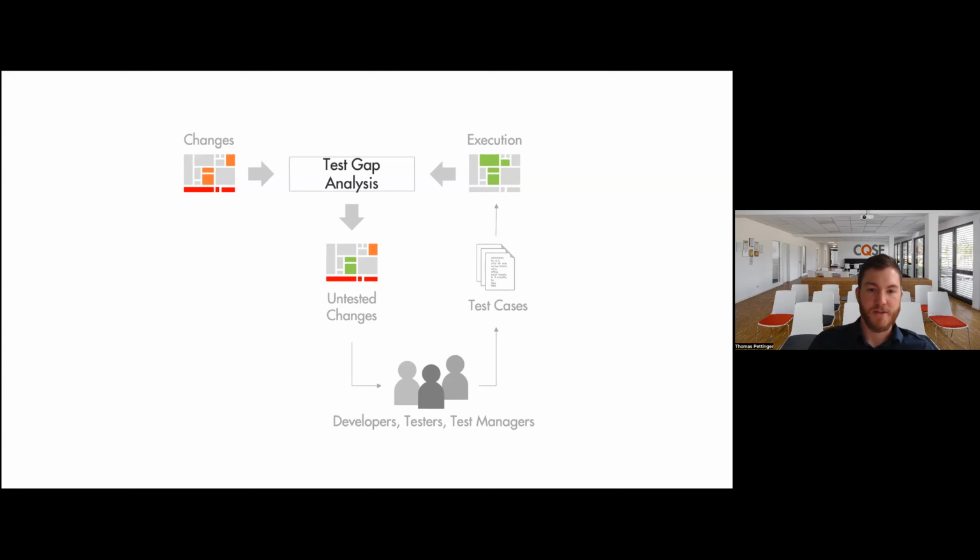And this is fed back into test gap analysis again. And therefore, you have a new image of which areas still remain uncovered after executing your new test cases. And you can do this feedback loop as long as you like, until you're confident enough that you can do your release, which essentially means that there are no important test gaps anymore.